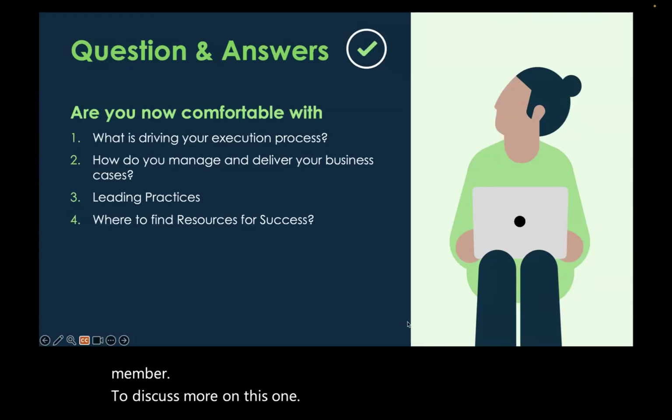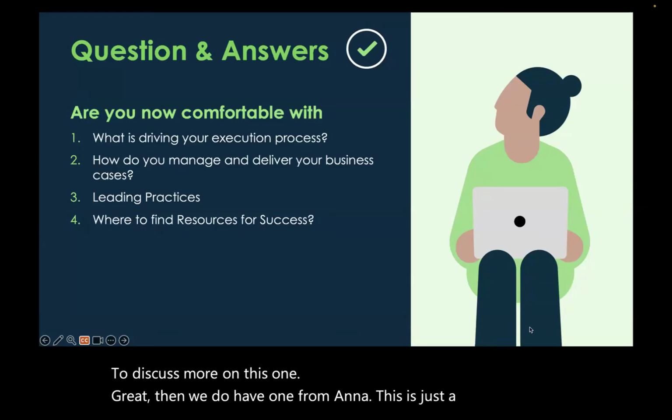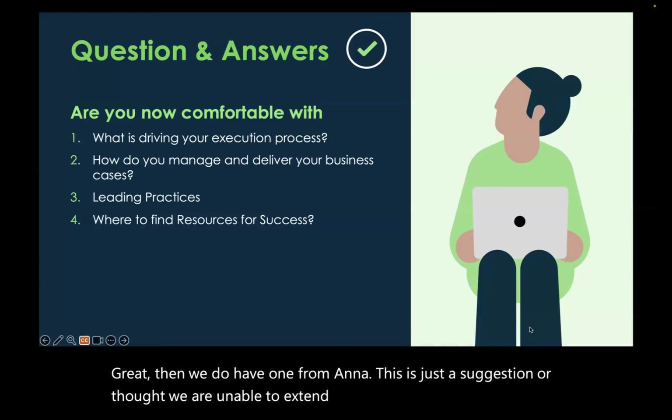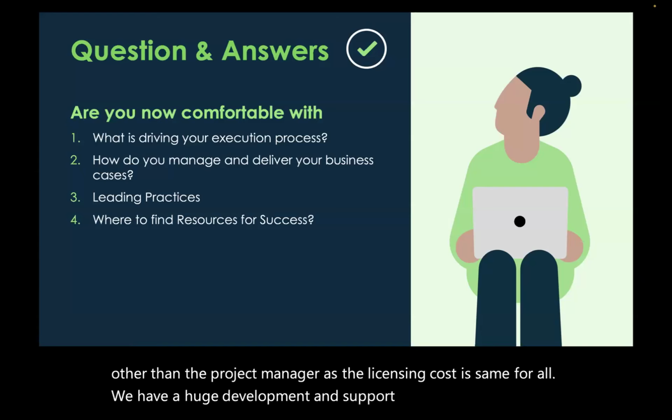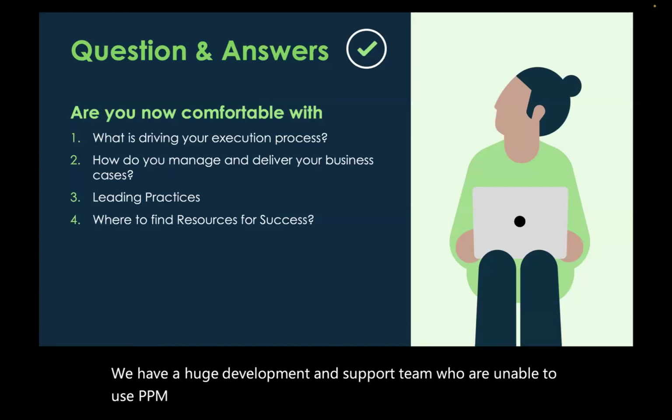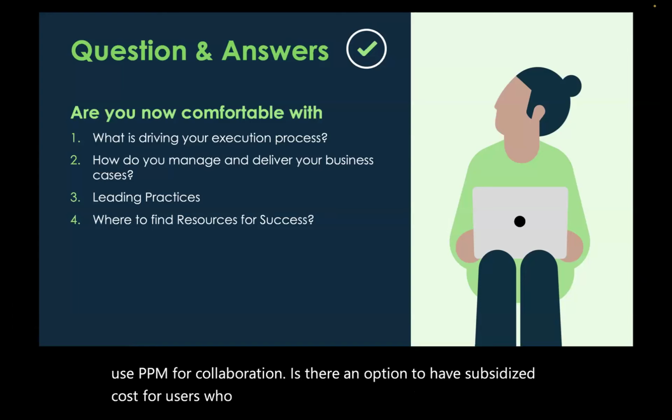Great. Then we do have one from Anna. This is just a suggestion or thought. We are unable to extend the benefit of the PPM to users other than the project manager, as the licensing cost is the same for all. We have a huge development and support team who are unable to use PPM for collaboration. Is there an option to have subsidized costs for users who will only use the PPM workspace as users?